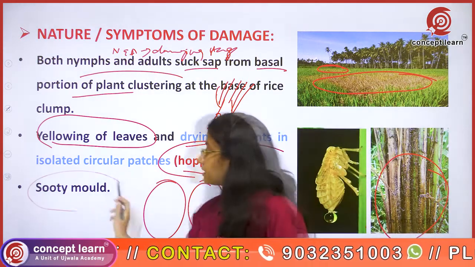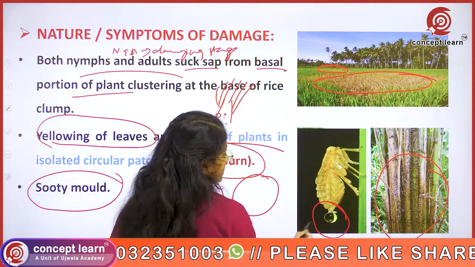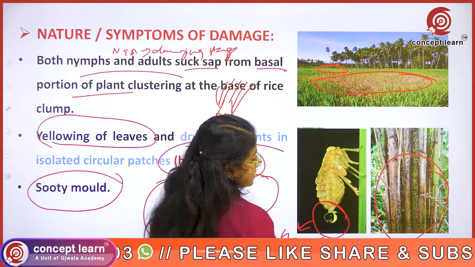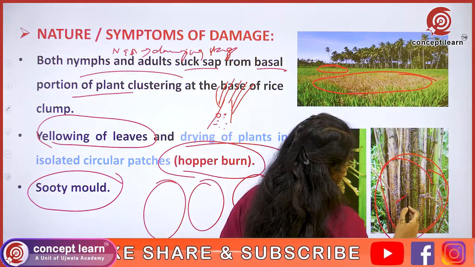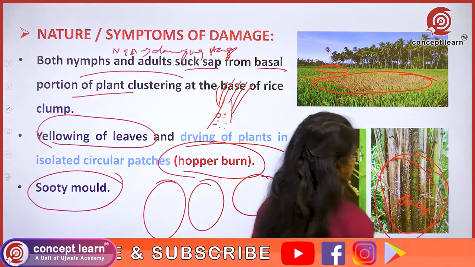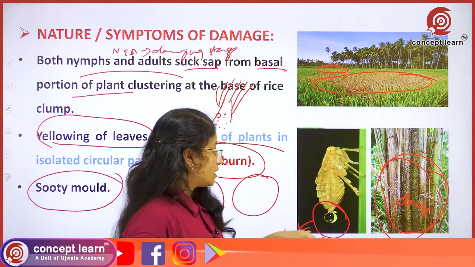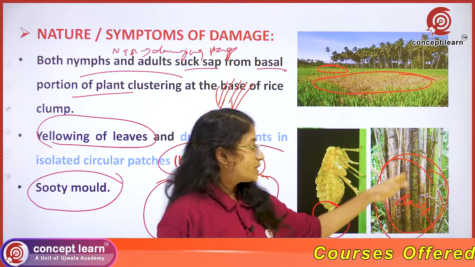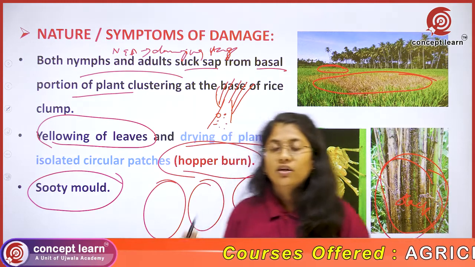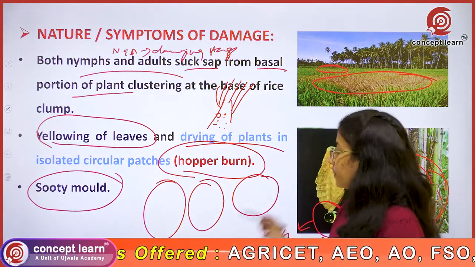Being a sucking pest, it releases honeydew, which promotes the development of these black cluster-like formations on the basal region. The honeydew further leads to the presence of sooty mold, which also lowers photosynthesis within the plants.